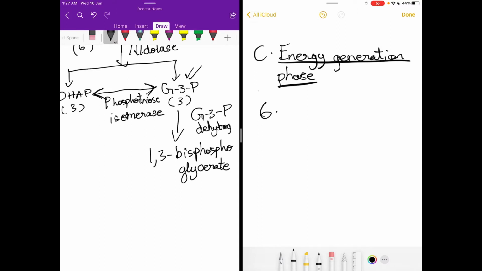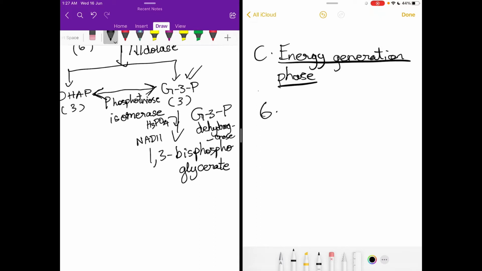Now for this reaction to take place, apart from this enzyme, we also need a phosphate donor. To fill in that role, we have H3PO4, or phosphoric acid. Now we also get an important component out of this reaction, which is NADH.